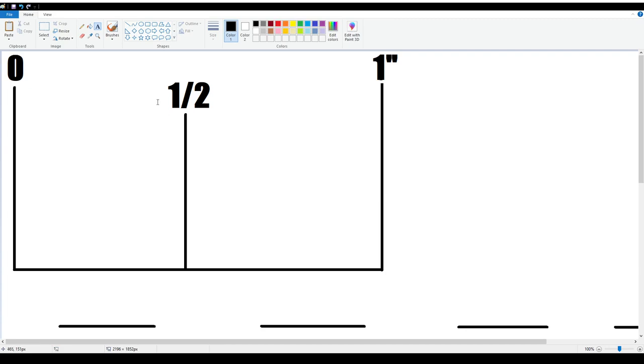It is the next tallest line, the tallest lines being our whole number lines. The next tallest line being our half-inch line. And there's only one of them within an entire inch. That makes sense because there's only 1/2 inch within here. If you had 2 of them, it'd just be a whole number. It'd be a whole inch. So we have a 1/2 inch.